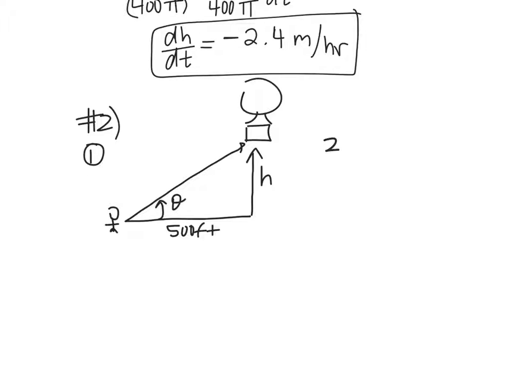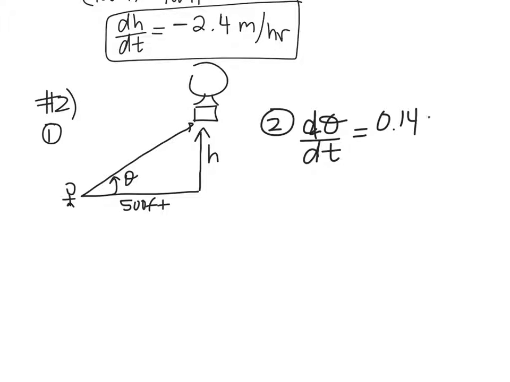Here we go. Now step 2, we need to identify the variables and the rates. Okay? So they tell me that the angle is changing at a rate of 0.14 radians per minute. So that would be what? Yes. d theta dt is 0.14 radians per minute.